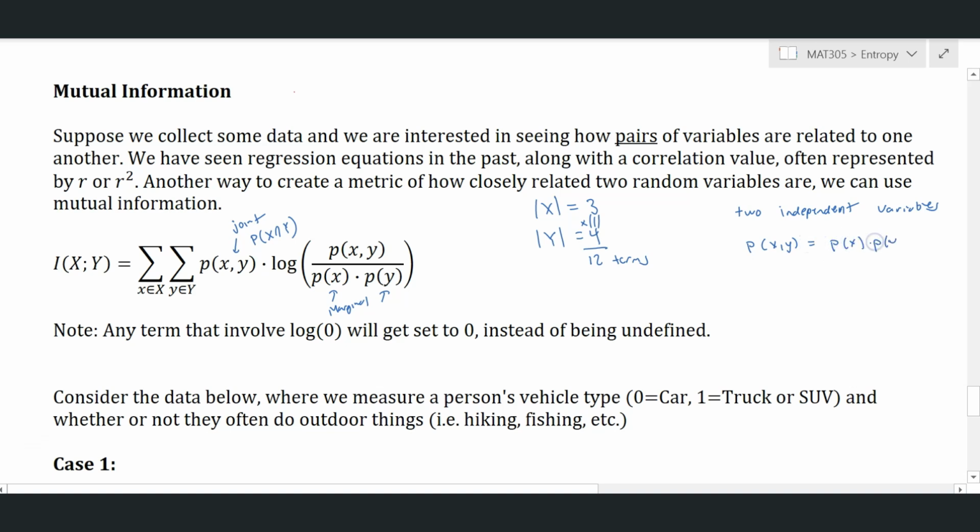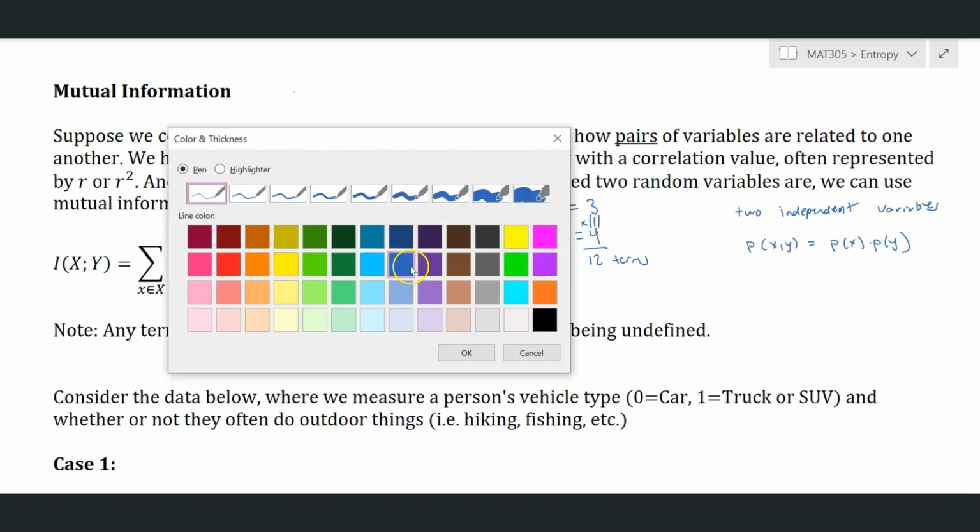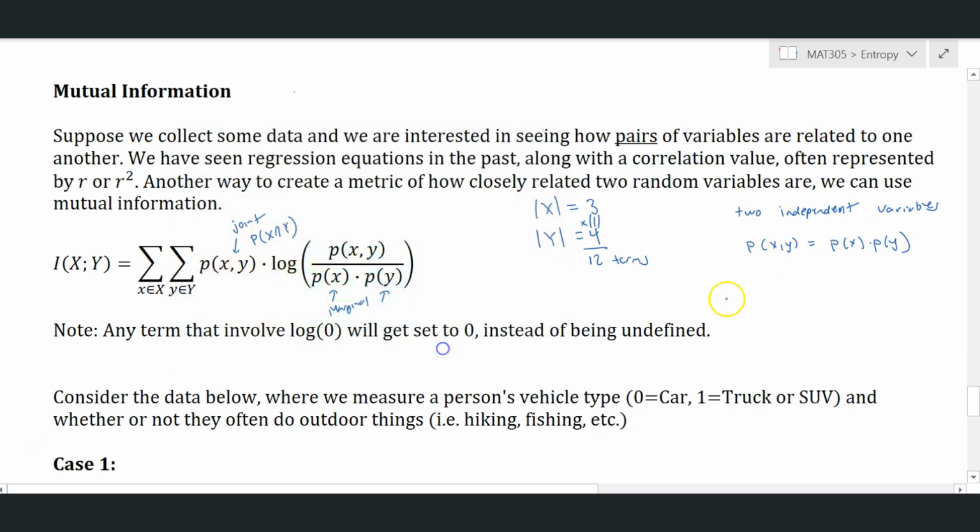So what I'm trying to do here is establish a framework for situations where two random variables are totally independent. In that case, the joint probability of x comma y, which is this numerator up here, is a scaling coefficient.